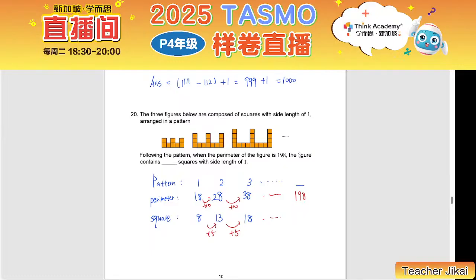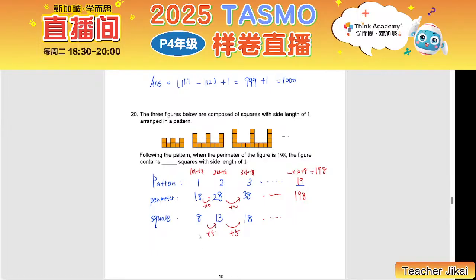So how can we find the pattern here? This one is always 1 times 10 plus 8, this one is 2 times 10 plus 8, this one is 3 times 10 plus 8. So this is something times 10 plus 8, and that plus 8 will give you 198. So the something is 19 here.